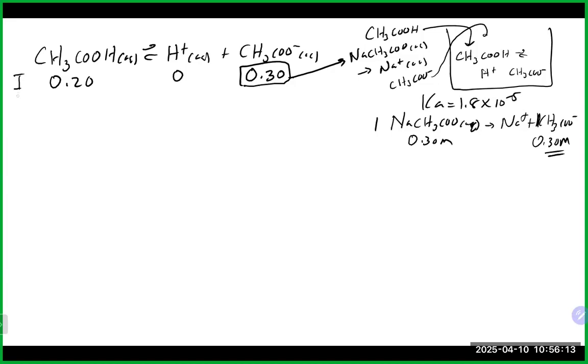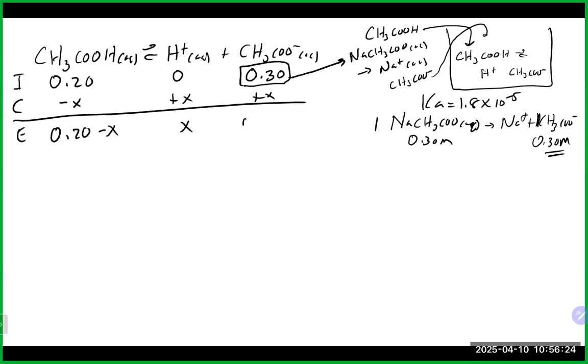The rest of the table is really going to be the same, minus x, plus x, plus x. We are going to go 0.2 minus x, x. The next thing that people screw up on is right about here because they're used to minusing x's. So remember, that's a plus x, not a minus x in this particular case.